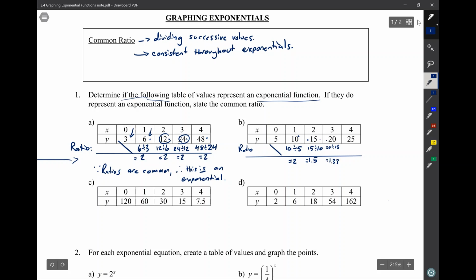We notice our numbers are getting smaller. The big thing that we notice is these numbers are not the same. So since the ratios are not common, therefore this is not an exponential.